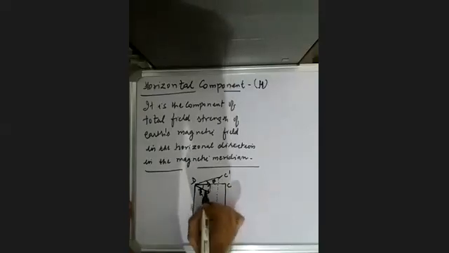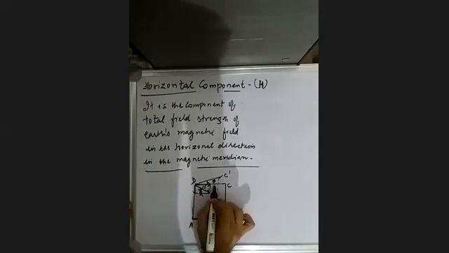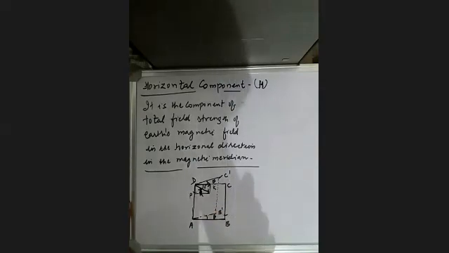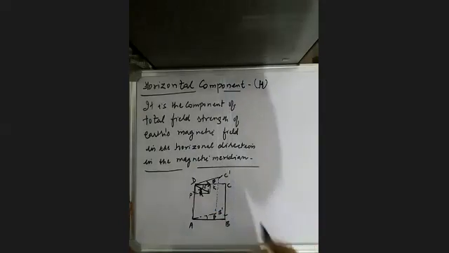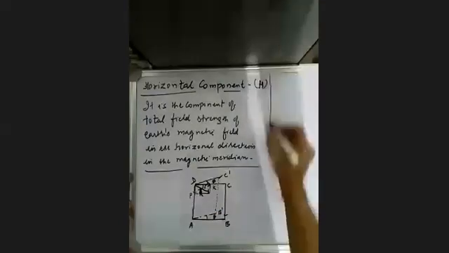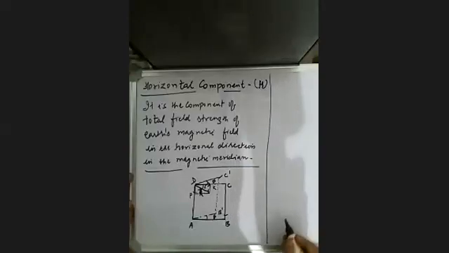So this is the component of R along the horizontal direction, and we can also get the component along the vertical direction. Let us call these dk and dp. dk is the component of Earth's magnetic field in the horizontal direction, so dk equals H, and it will be equal to R cos delta.